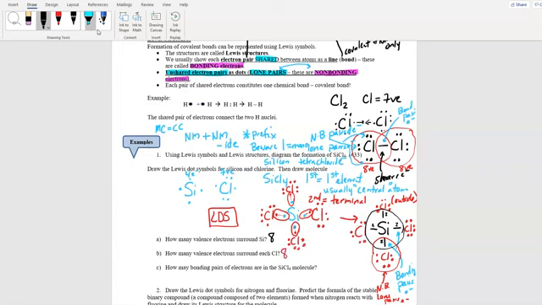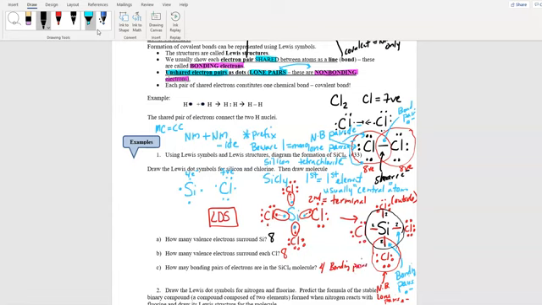And how many bonding pairs of electrons are in this molecule? Well, every bonding pair is a bond. I have a bonding pair right here, a pair right there, a pair right there, and a pair right there. How many bonding pairs? I have 4 bonding pairs.